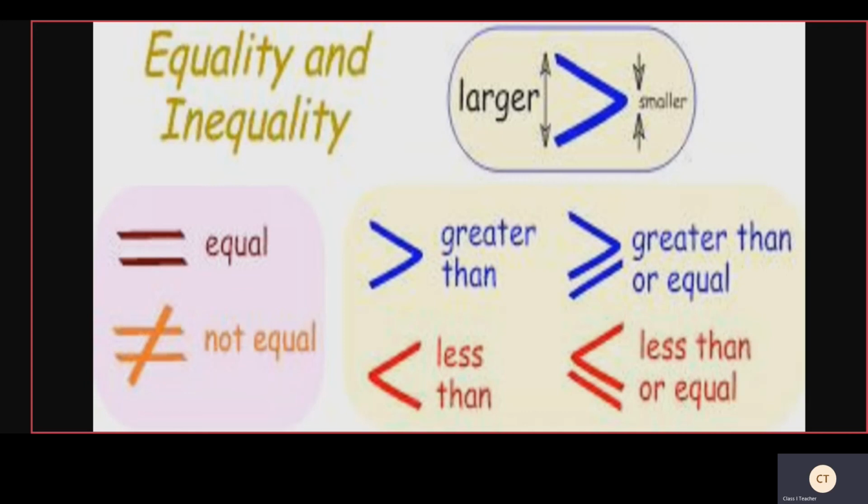And next, look here, children. Here, down, the orange one. Not equal. First one is equal, and next one is the orange one. If we write like this, that is not equal. That symbol is not equal. And next, this side, children.